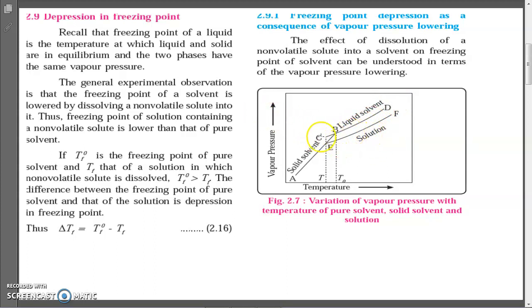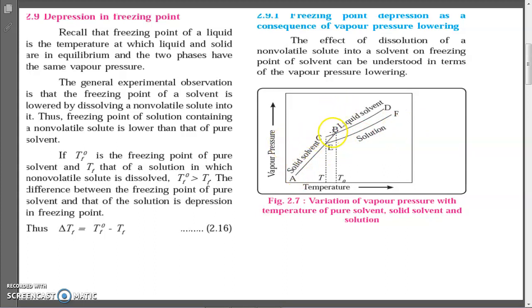The lines AB and CD intersect at point B, and the lines AB and EF intersect at point E. There are two points of intersection in this graph.